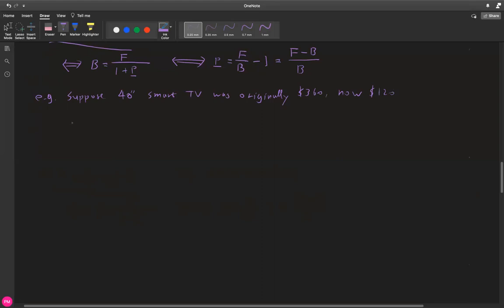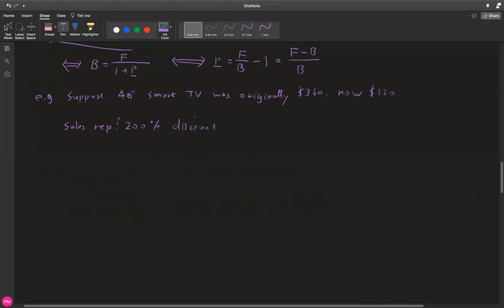And the sales representative says that going from $360 to $120 is a 200% discount.